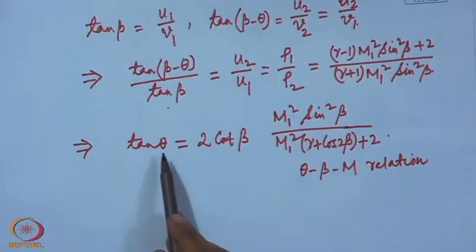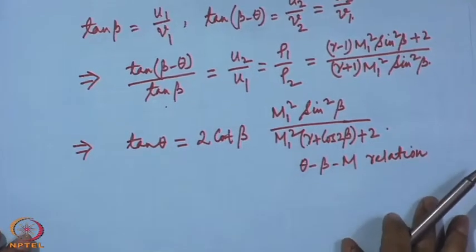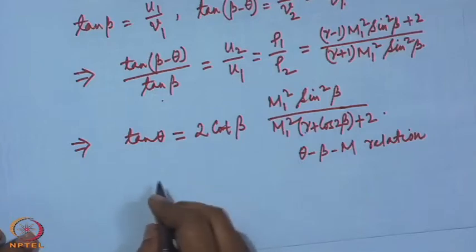However, we see that here theta can be explicitly determined if m 1 and beta are known. However, if m 1 and theta are known, beta can only be solved from this implicit relationship. We also see that theta equal to 0.